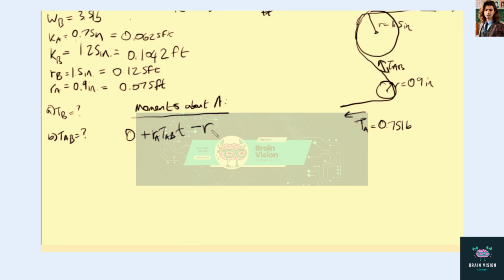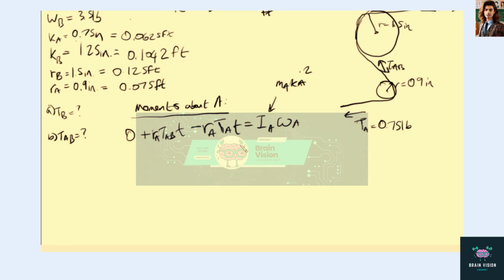Now we have the impulse created by the tension force TA, so this is minus RA, since it's in the opposite direction, TA times T. And this is all equal to the moment of inertia of A times omega A, which is equal to MA times the centroidal radius of gyration of A squared.